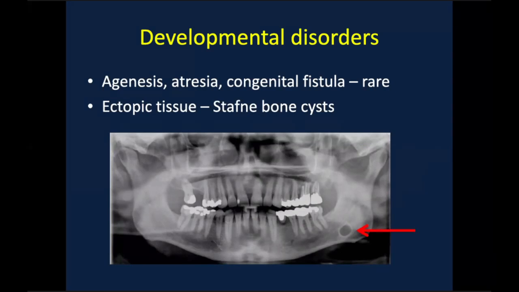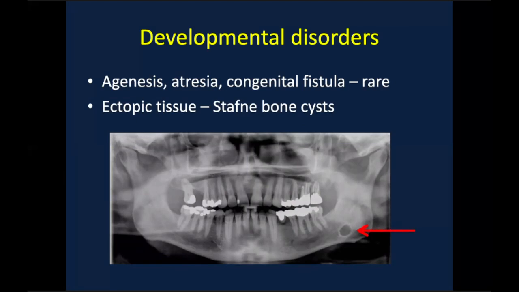If you look at the pancreas, you have things like annular pancreas and pancreas divisum, which are developmental abnormalities. Or in the duodenum, you have duodenal atresia, which is not uncommon. But compared to those, developmental problems in the salivary glands are quite rare.